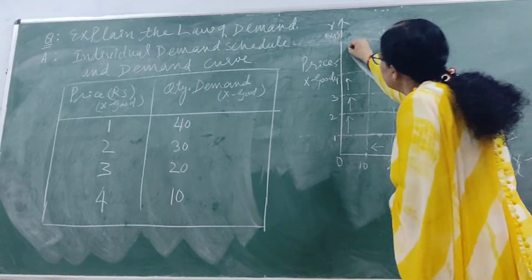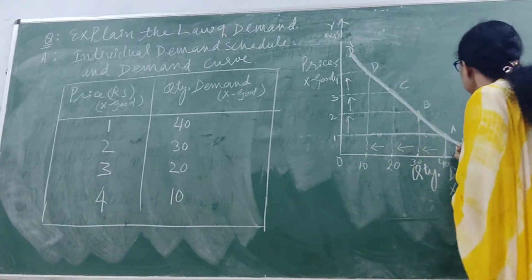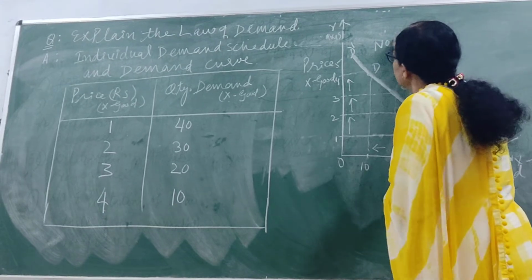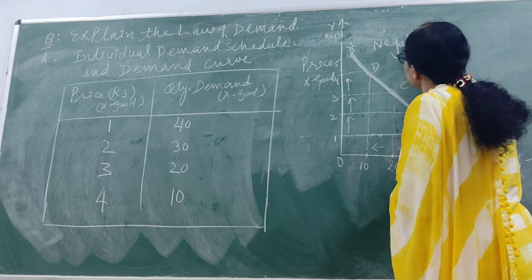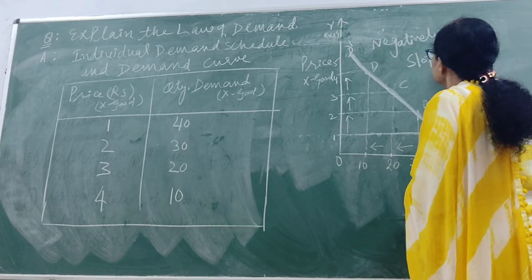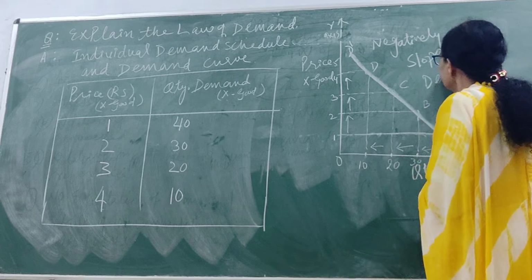Okay, इसका नाम रख लेते हैं. This is D1. So this is a negatively sloped demand curve.